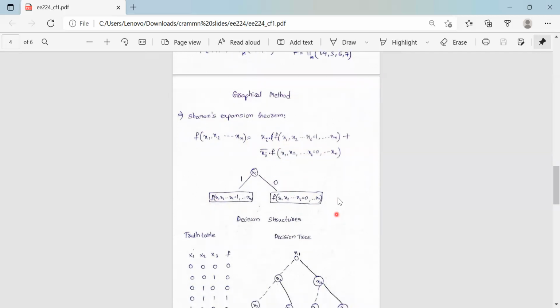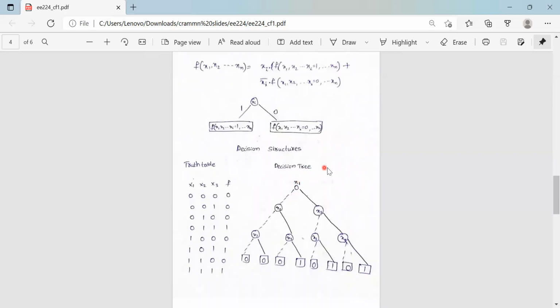If we show this in graphical form, if we take xi as value 1, this is the expression; we substitute 1 in place of xi in this function. If you take value 0, this is the function.